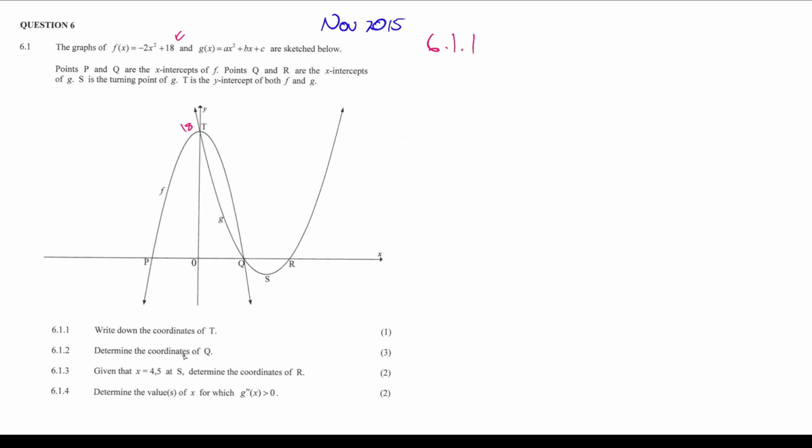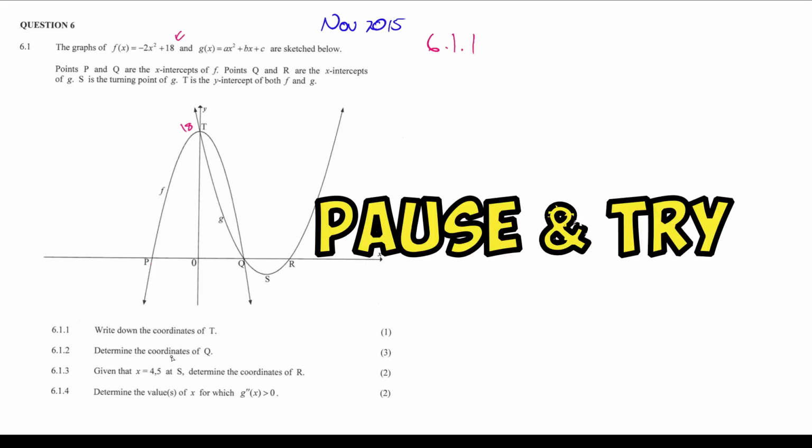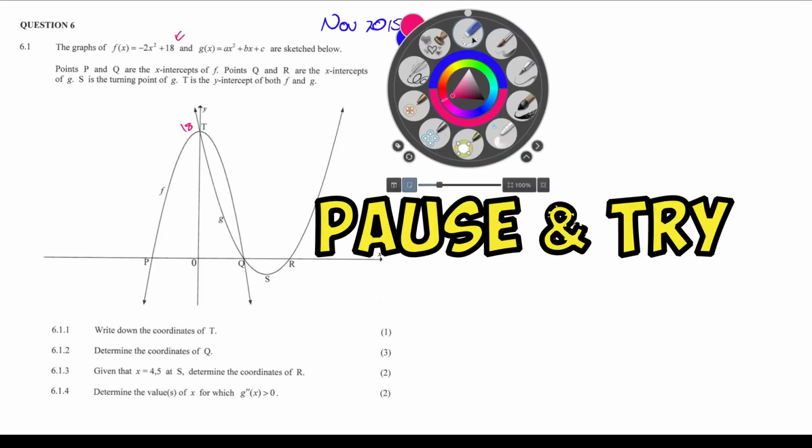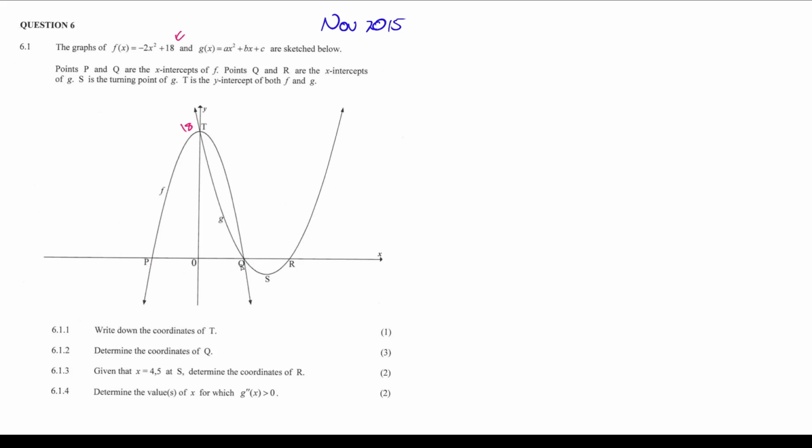Then we move on. They say, determine the coordinates of Q. Q is an x-intercept. Again, we're going to work with this equation because that's the one where we have all the information. If we want x-intercepts, we make y 0.